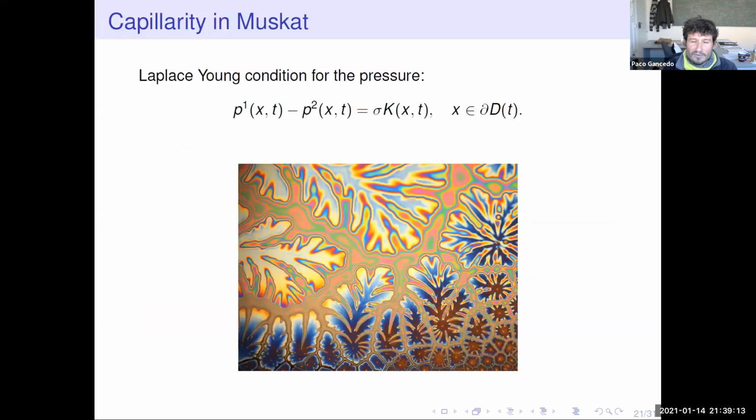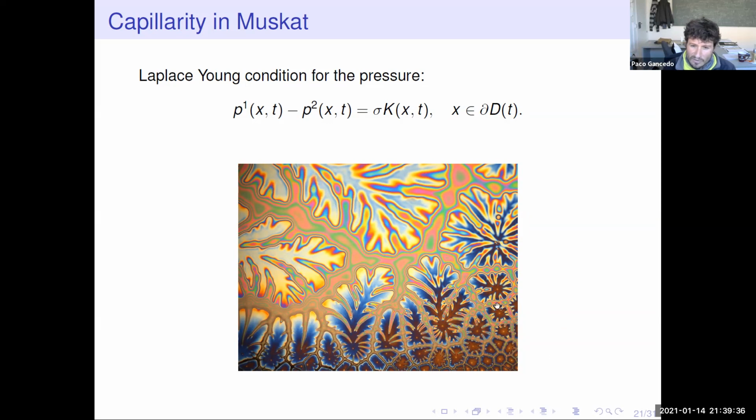So now I'm going to move to surface tension effect in the Muskat problem. Okay, so I'm going to deal with capillarity. In a lot of experiments, the classical one is the Saffman and Taylor experiment, it is possible to see what is called fingering.